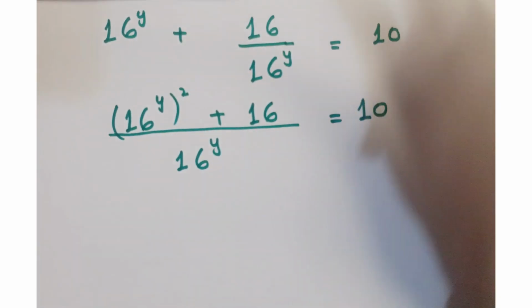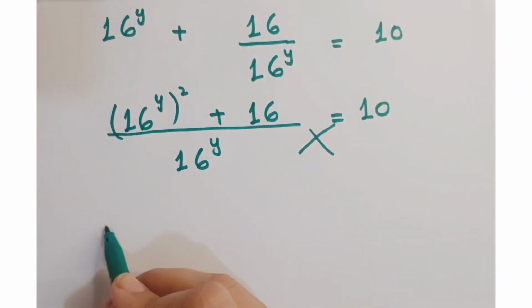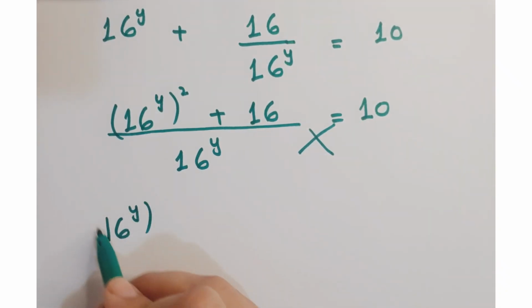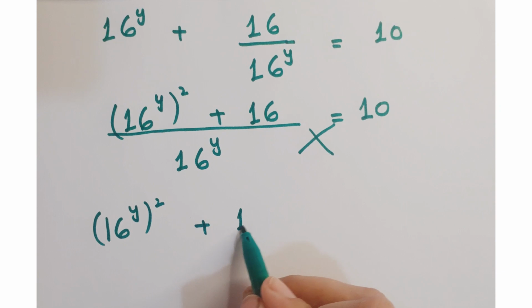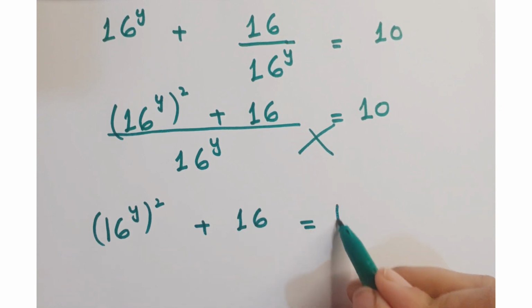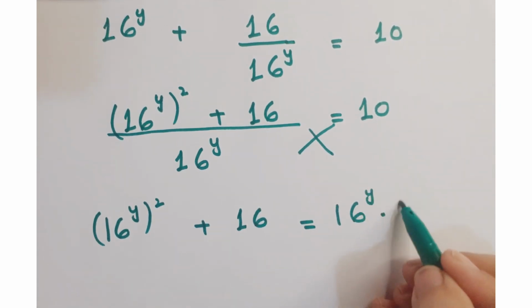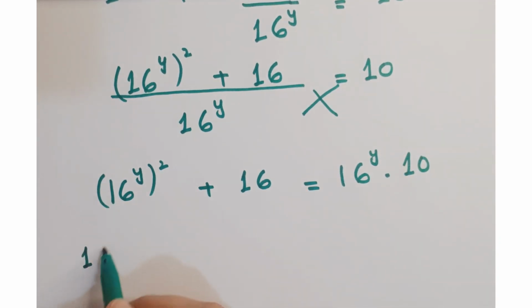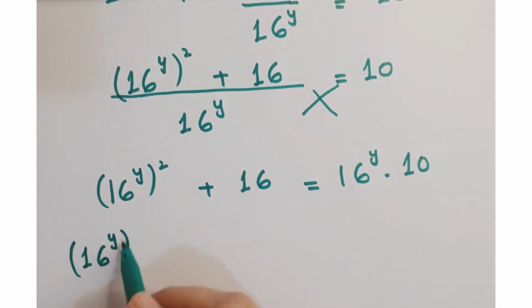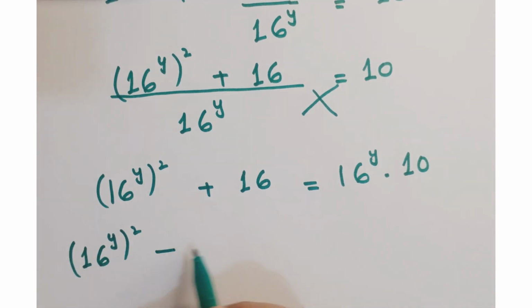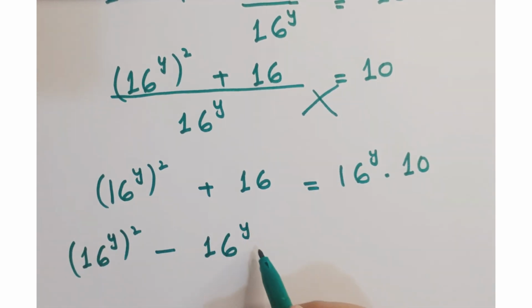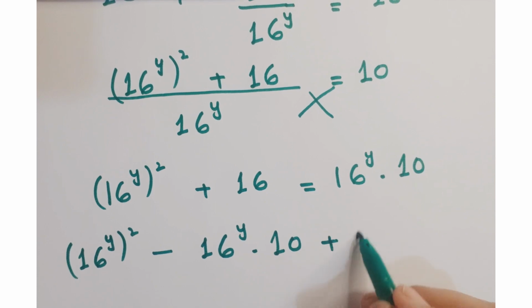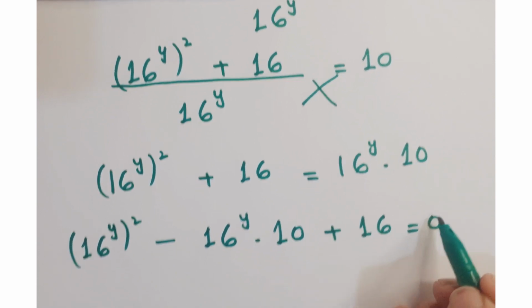Now we are going to cross multiply, so we get 16 to the power y whole square plus 16 is equal to 16 to the power y into 10. Now bring this term from the right hand side to the left hand side, so you get minus 16 to the power y into 10 plus 16 is equal to 0.